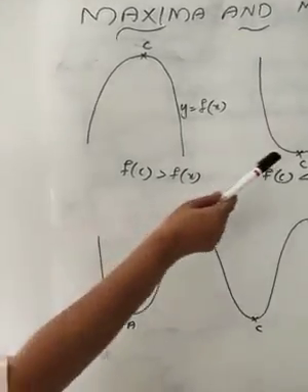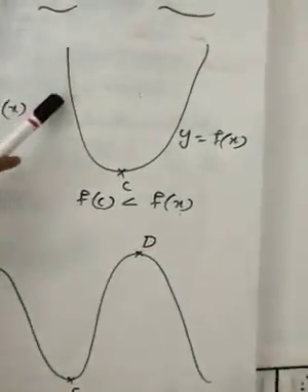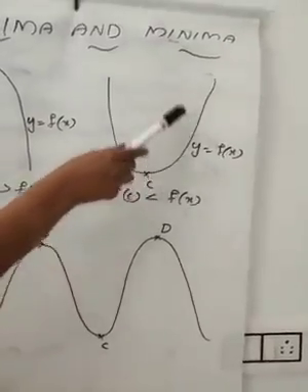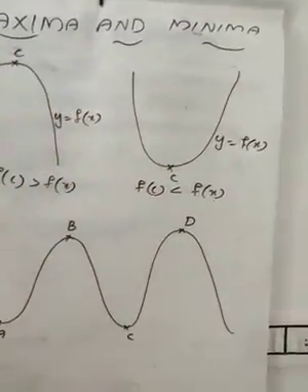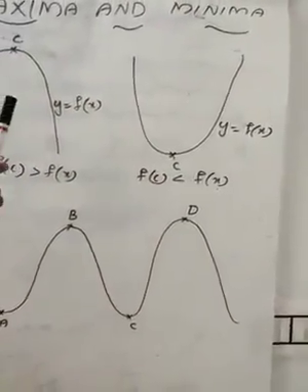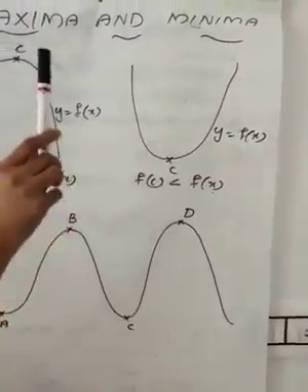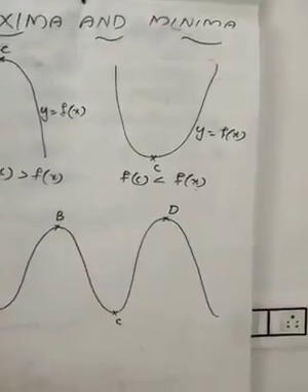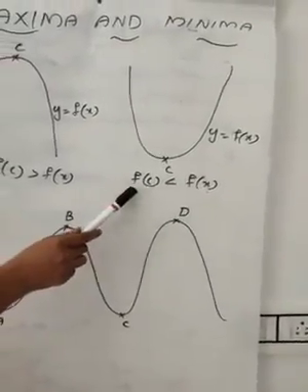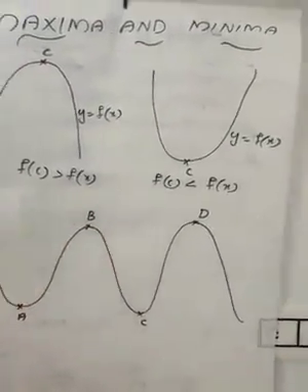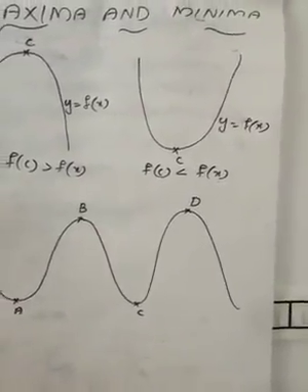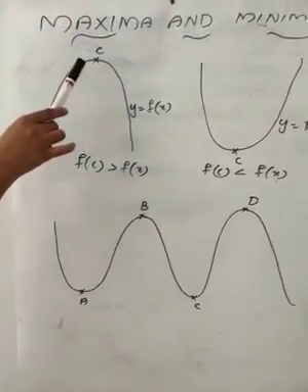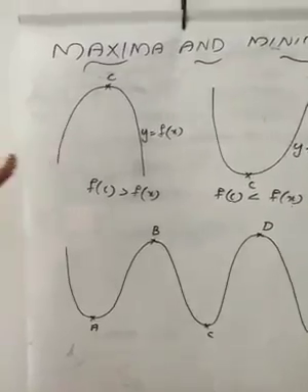This point is called the point of maxima, and f of c is called its maximum value. In the second curve, on the left side it is decreasing and on the right side it is increasing. That is, f dash x changes its sign from negative to positive. Here the point C is called the point of minima, and f of c is its minimum value. And if f dash x does not change sign, then this point C is neither maxima nor minima.